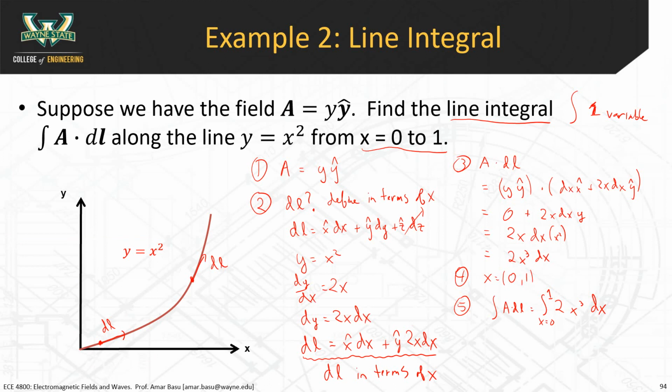And this comes out to 1/2 times x to the 4th, going from 0 to 1, and that comes to 1/2. So the integral of A dot dl is equal to 1/2 here.